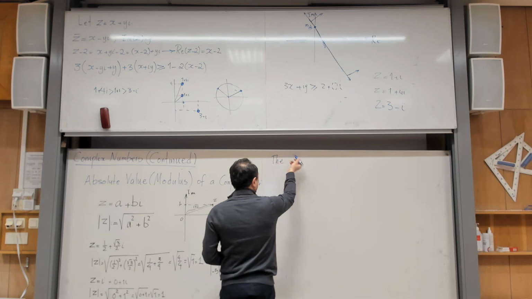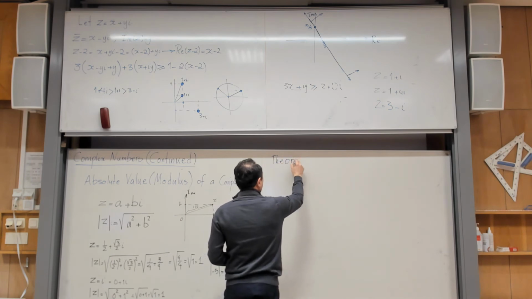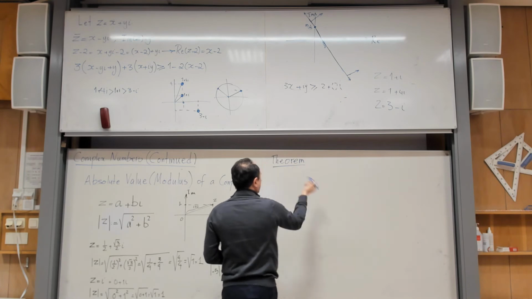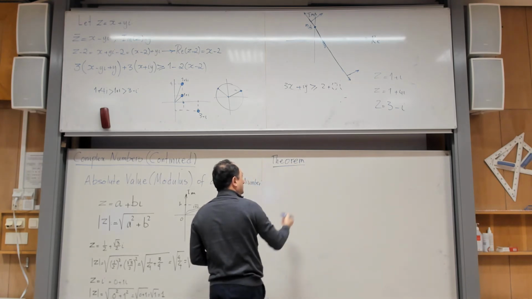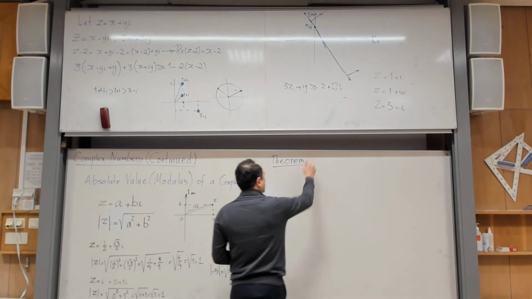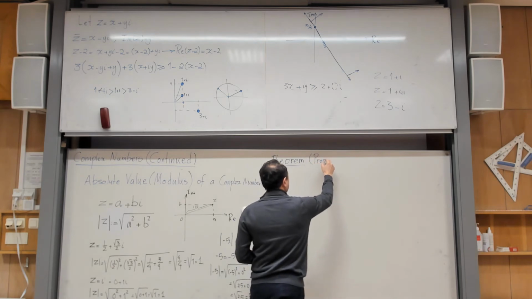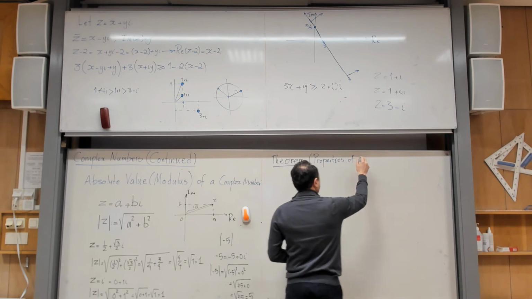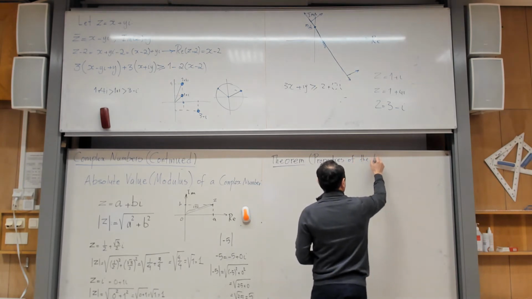I will not go through the proofs of them in detail, because they are in the book. You have to know how to calculate. So, theorem: properties of the absolute value.